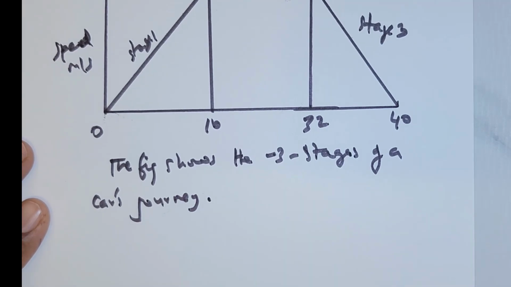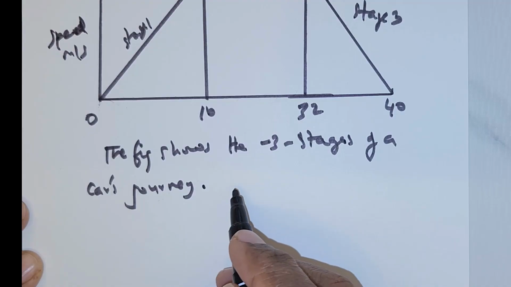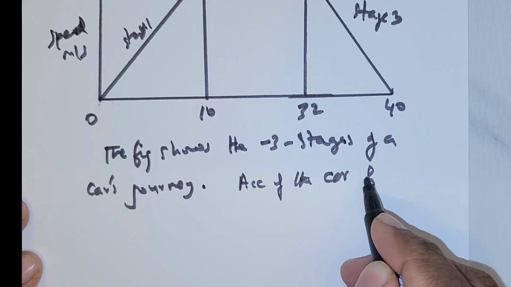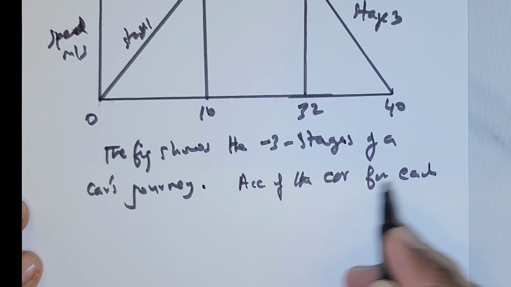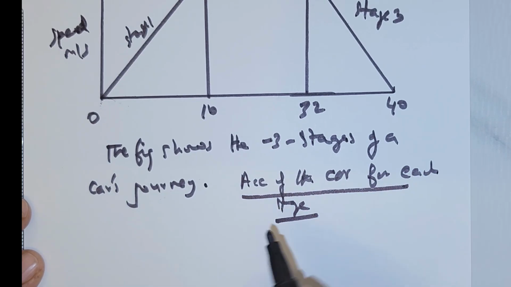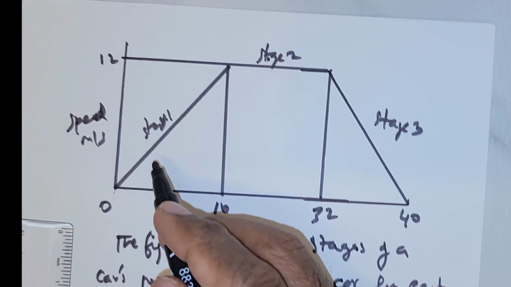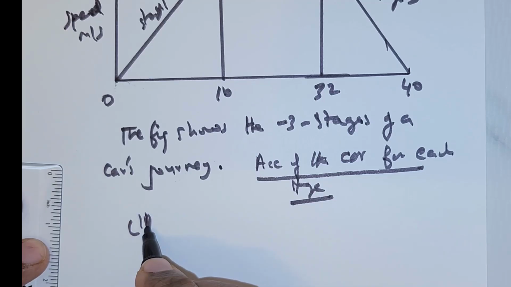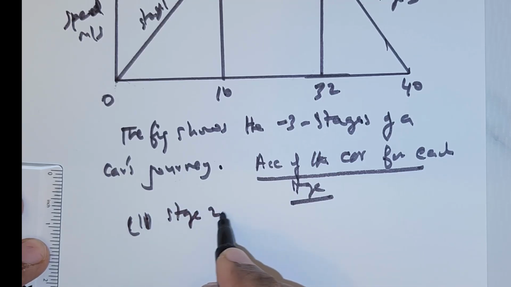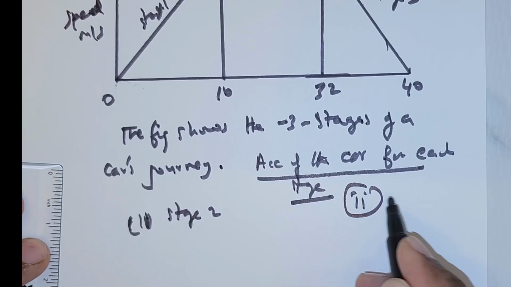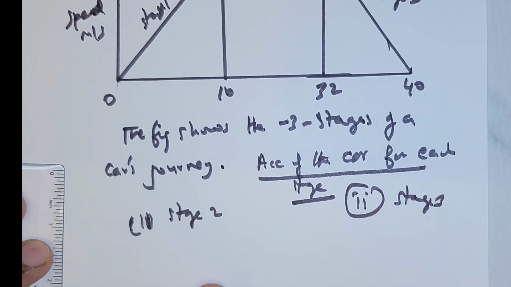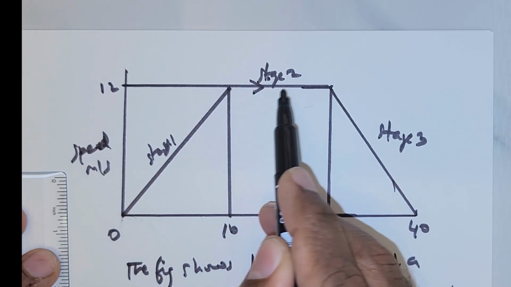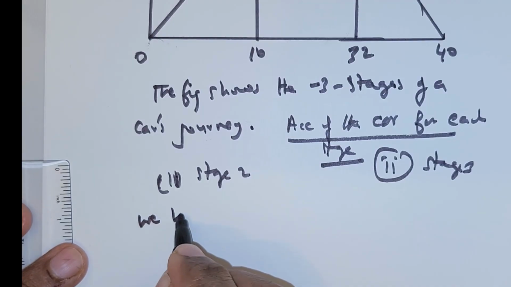Okay, so we are asked to find the acceleration of the car for each stage. Now we are not actually required to find the acceleration for all the stages. They just want us to get the acceleration for stage 2 and stage 3. Now go back to the figure and you check. For stage 2, you see we have a horizontal line.